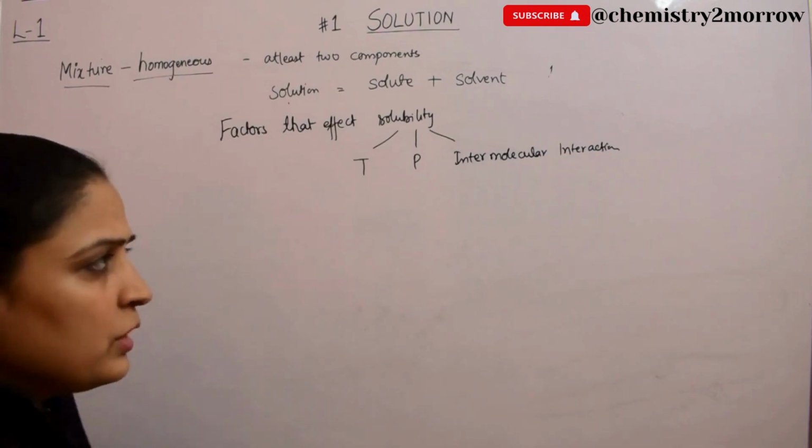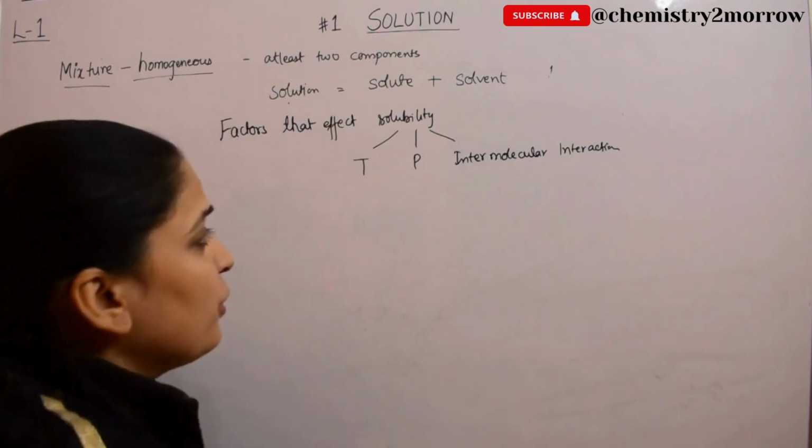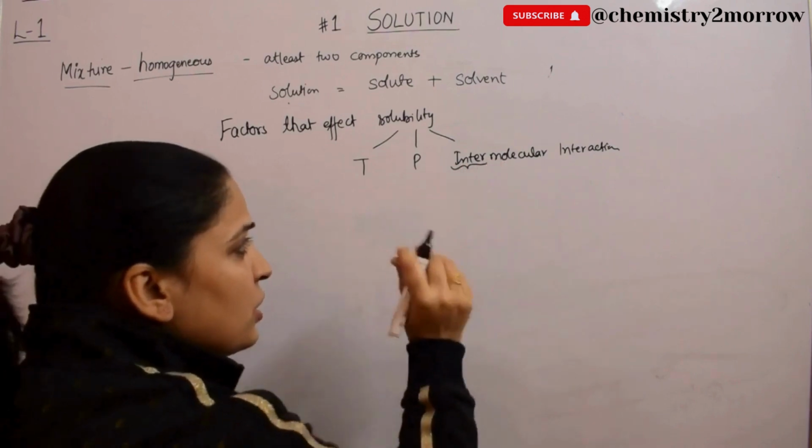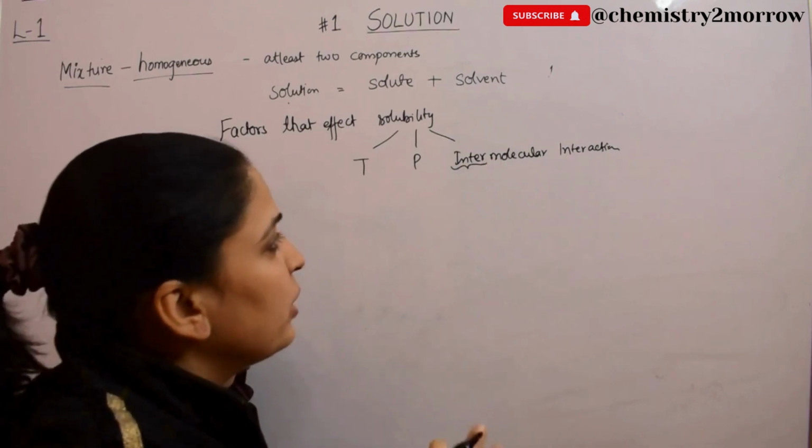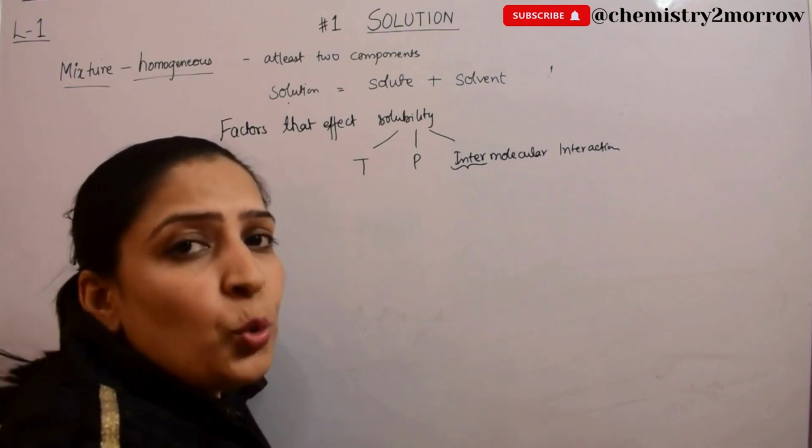Temperature, pressure, we know these are the physical parameters. Intermolecular interaction: inter means, in general, whenever you come across this word inter, it means between two different.